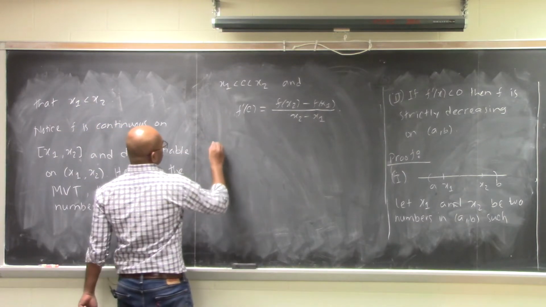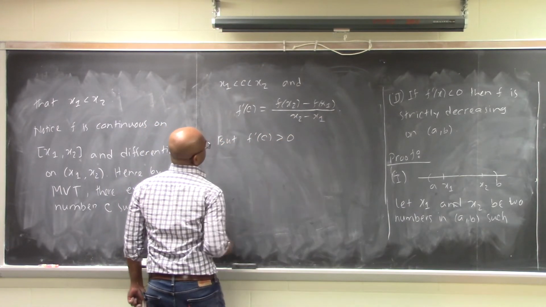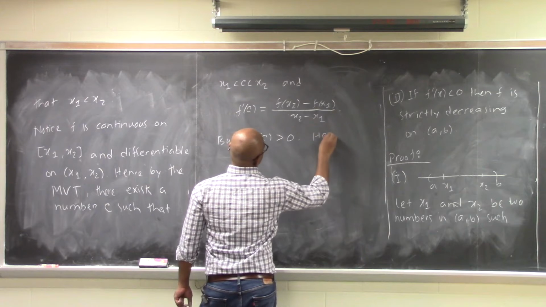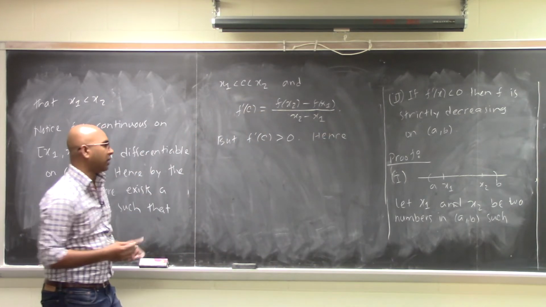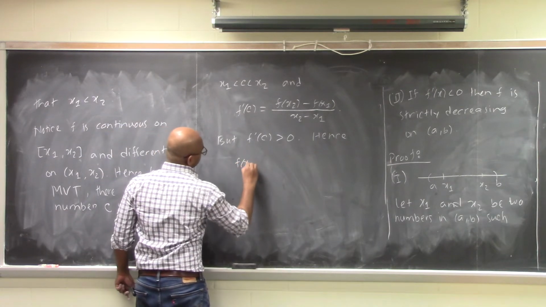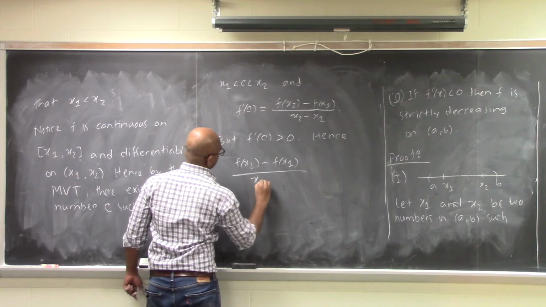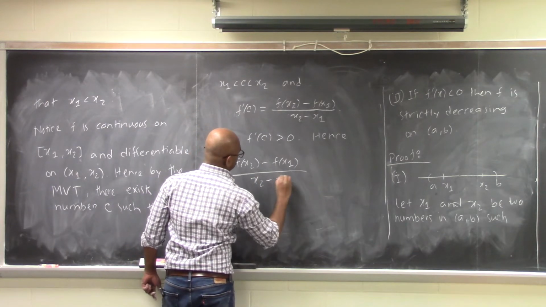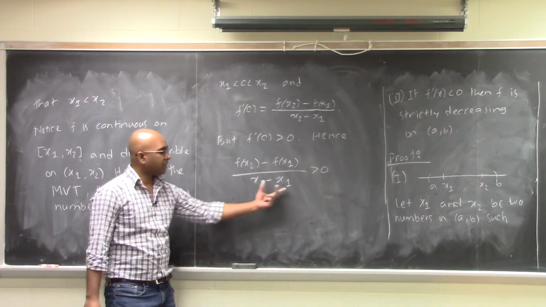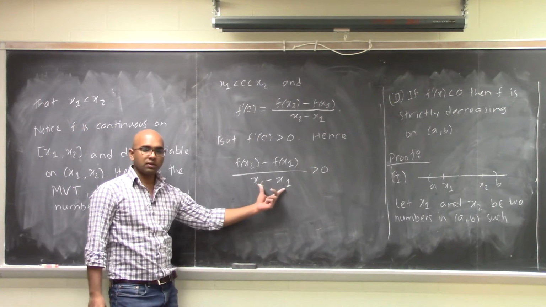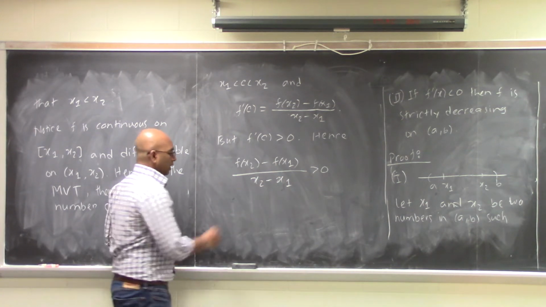But f prime of c is strictly positive, hence this fraction is also strictly positive. And just like the previous case, x2 minus x1 is a positive number. So if we multiply both sides of the inequality by that, it will not change.